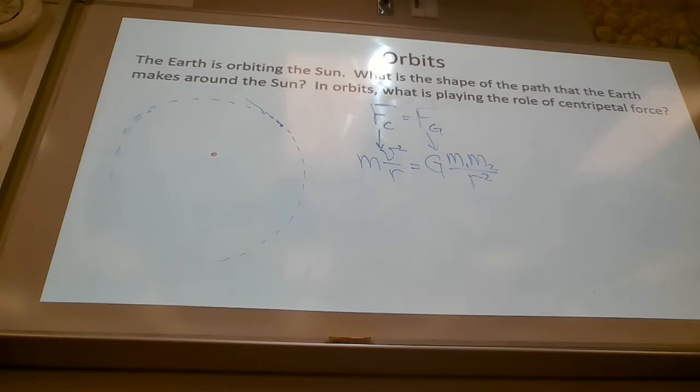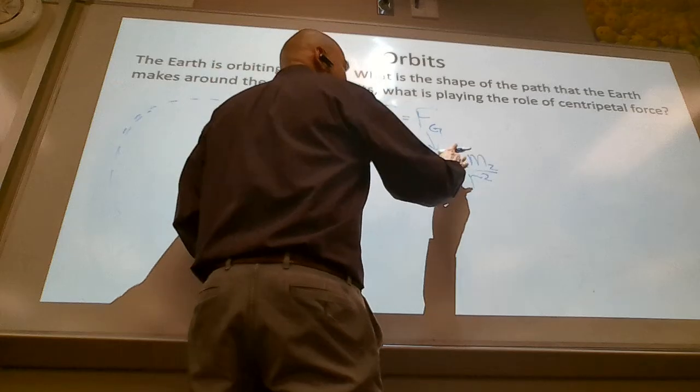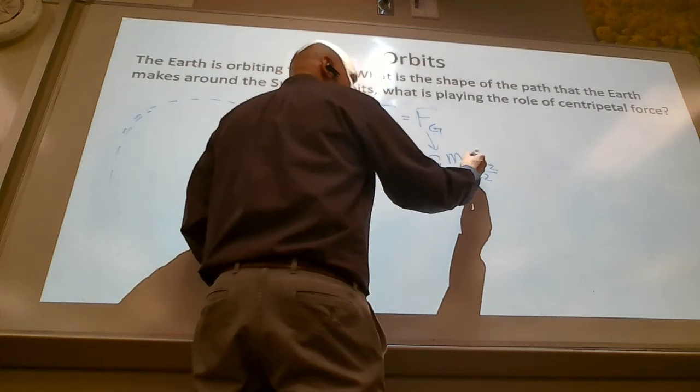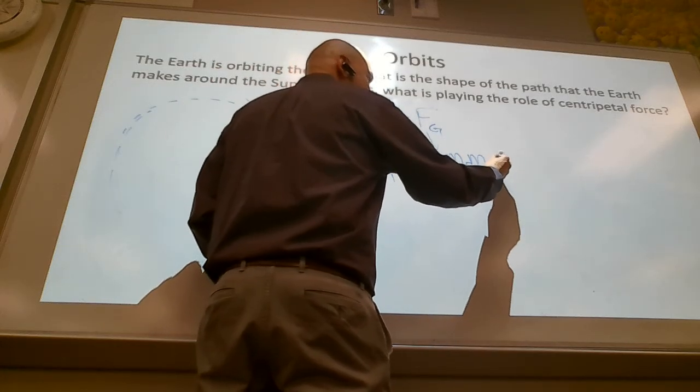Now I see some letters there that look very similar to each other. That might be able to be simplified. Which one's the Earth, the sun doesn't really matter. We'll say Earth, sun.